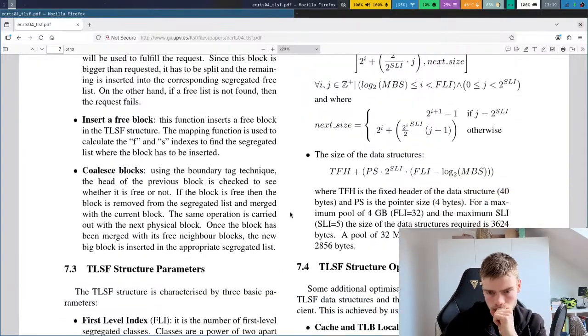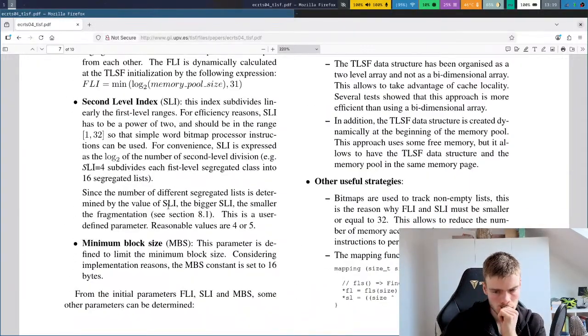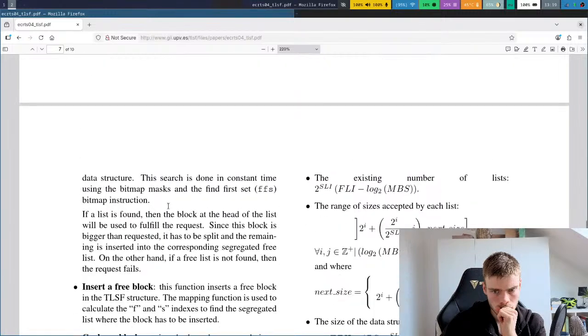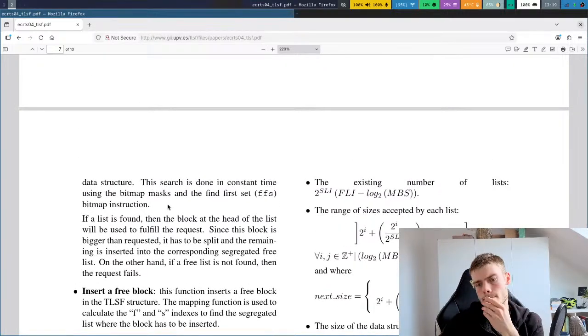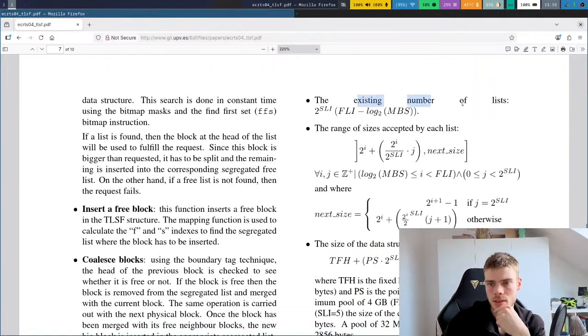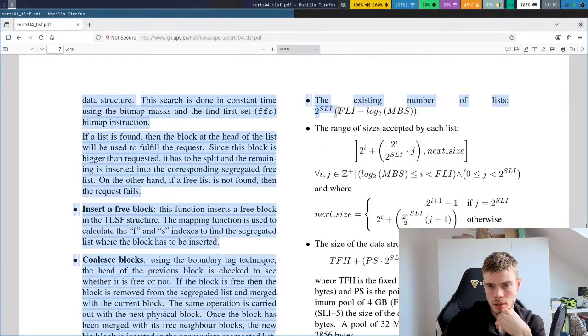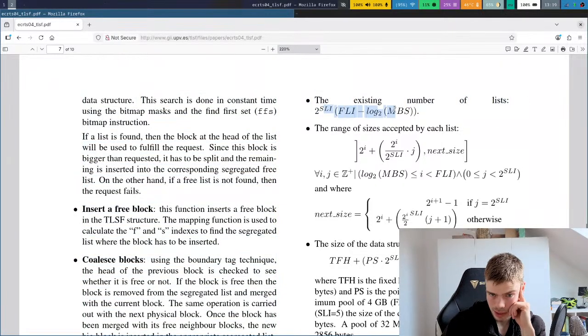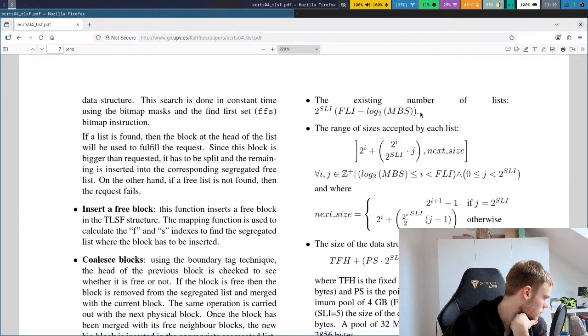Okay. Existing number of lists, second level index, first level index. Minimum block size.